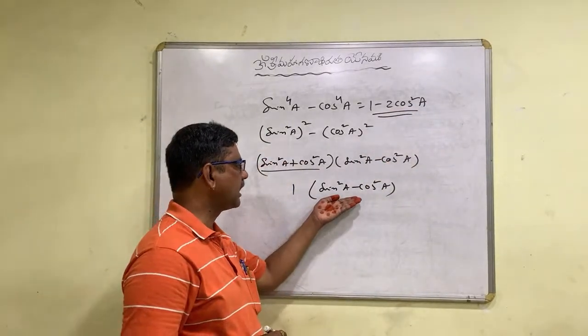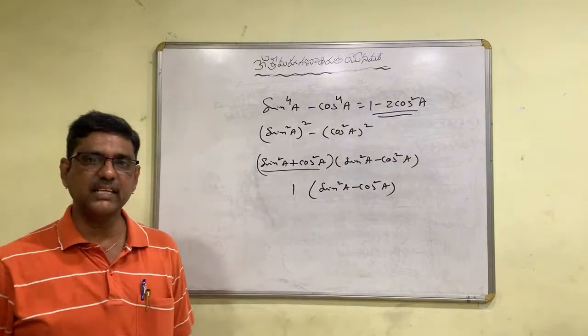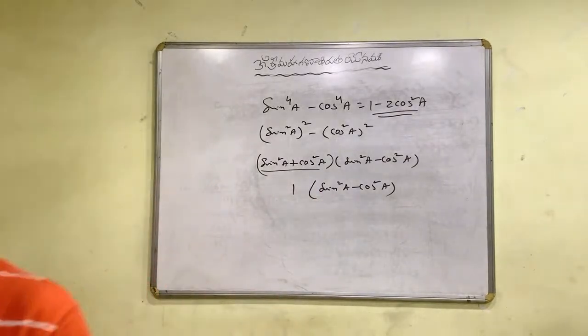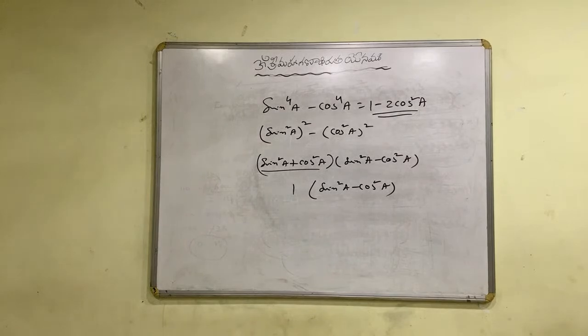But children, if you see the answer and what we got now, any guesses what to do now? The answer is 1 minus 2 cos square A, but we got sin square A minus cos square A. There is only one step remaining. What to do now? Can any guesses come from your side?